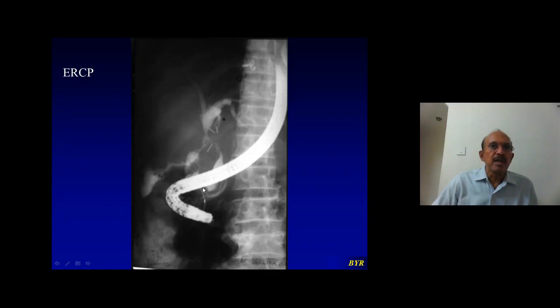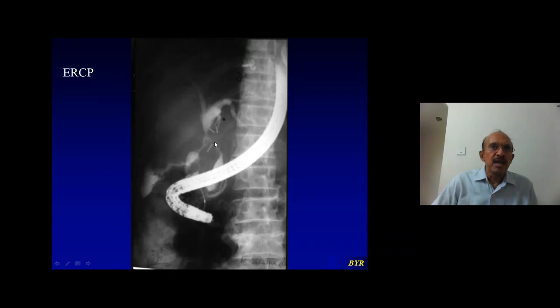So ERCP was done. This is the cannula that is sent into the bile duct and dye is injected. Now the dye has gone into the bile duct, but you find a narrowed portion here and much of the dye you have injected is just leaking out here. This is all the leaking dye.